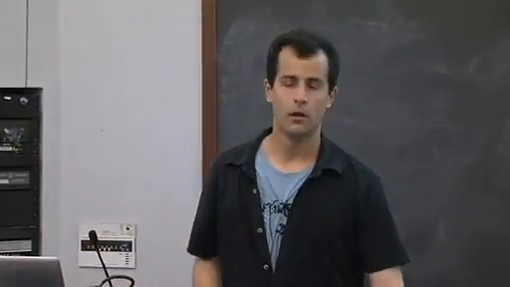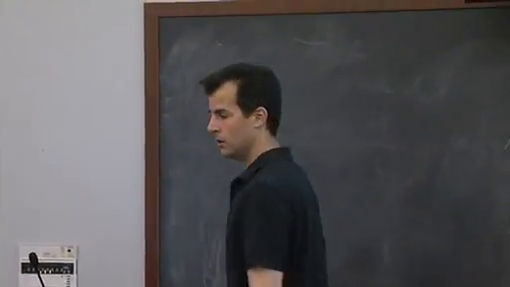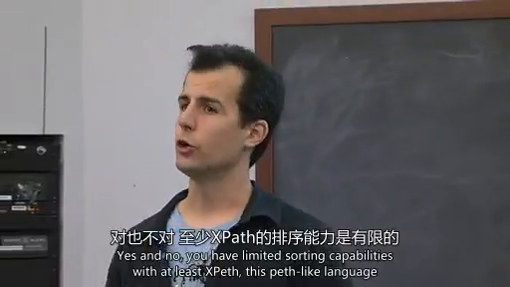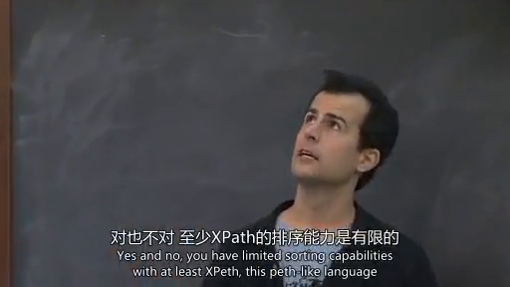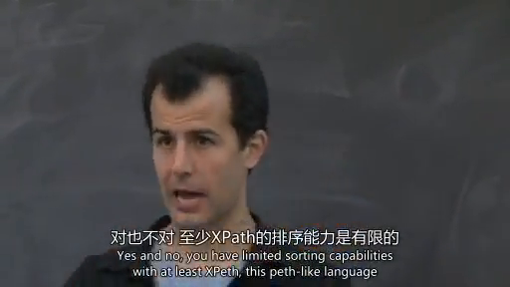Yeah? So you've got this order in the way that you want the HTML to appear. Do the XML tools allow you to sort on fields before you display? Yes and no. You have limited sorting capabilities with at least XPath, this path-like language.